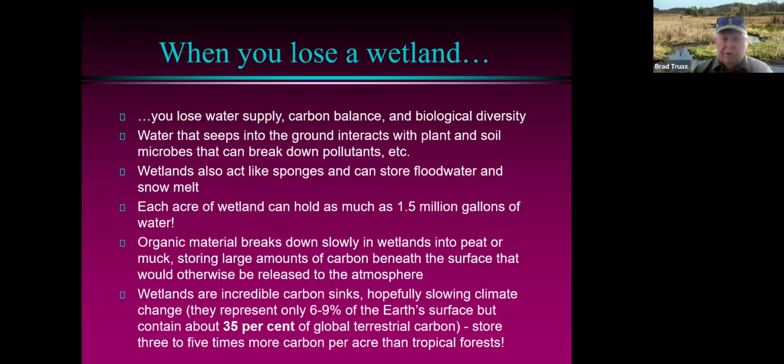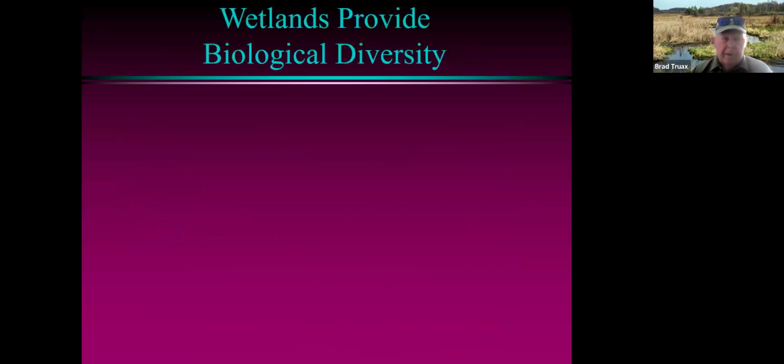They represent only 6 to 9% of Earth's surface, but they contain about 35% of all global terrestrial carbon. They store 3 to 5 times more carbon per acre than a tropical forest does. We've often said that the Amazon rainforest is extremely important. Well, in fact, wetlands are probably more important than tropical forests.